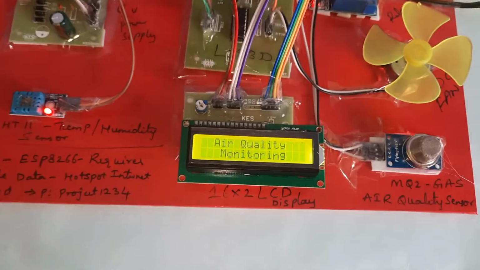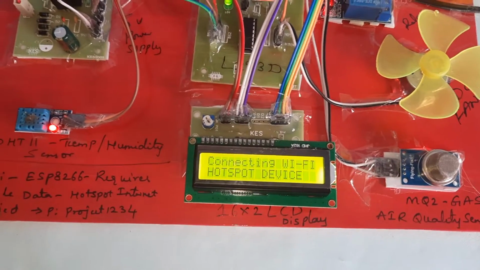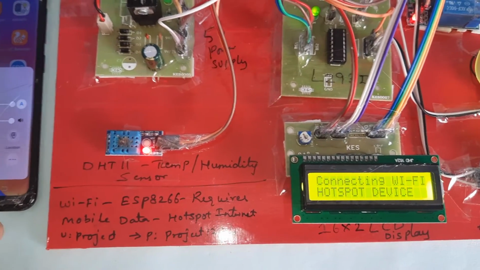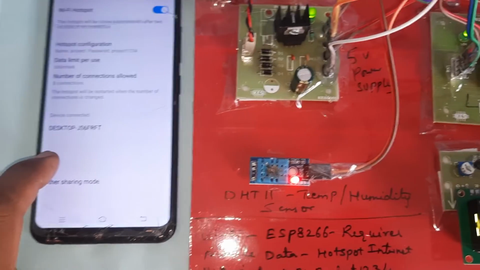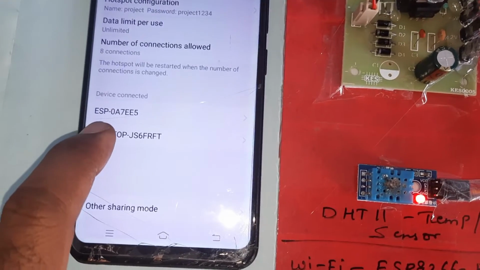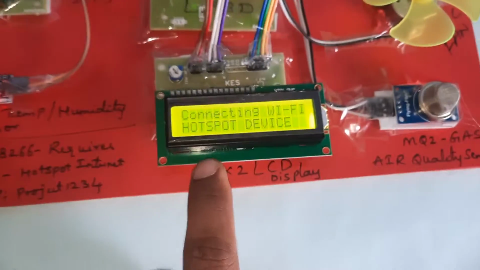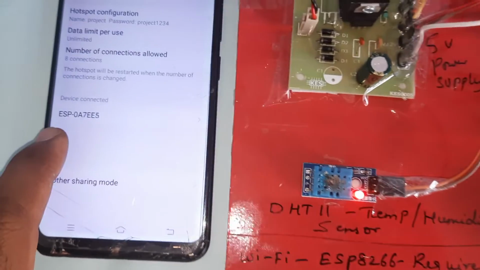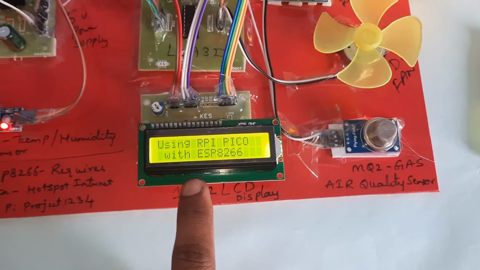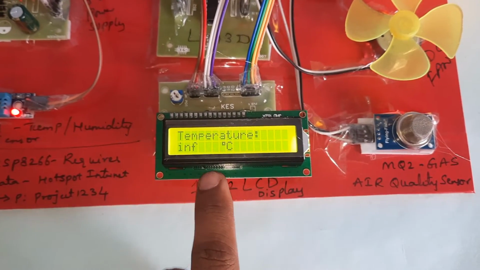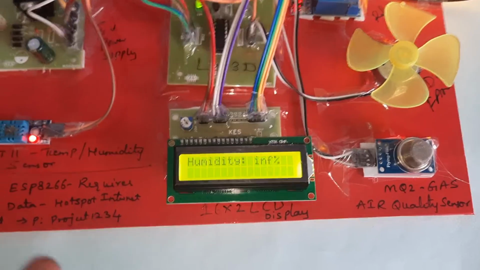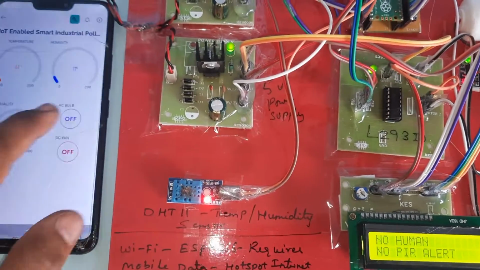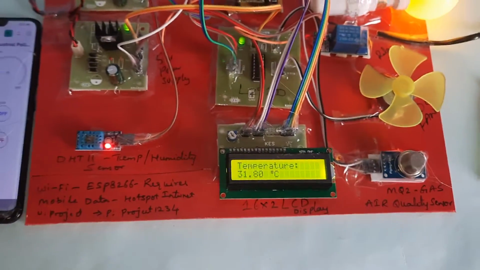The LCD shows air quality monitoring, connecting Wi-Fi hotspot. Since the Wi-Fi hotspot is on, it connects to the hotspot, and the ESP01 device is connected. The temperature data is not taken yet, so next time it will take it. The bulb is on, so here it shows off.